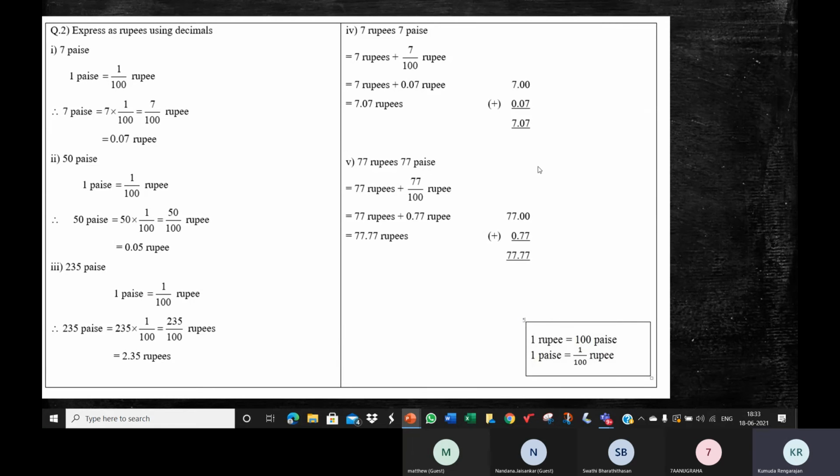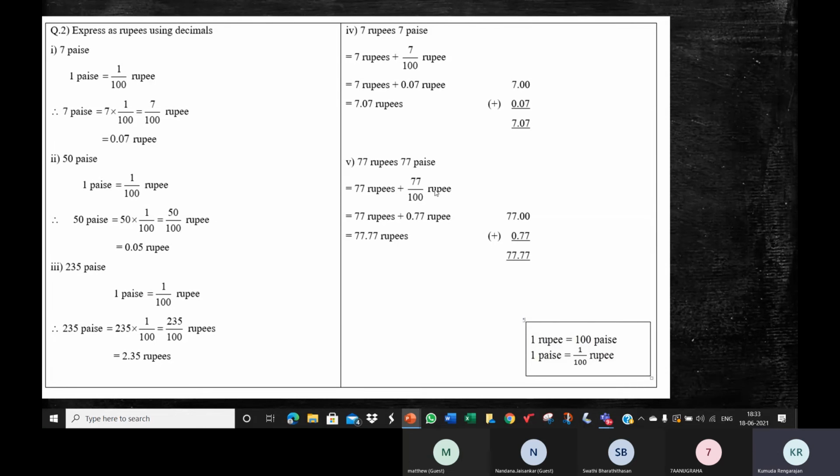But so many steps you should not write for 7th standard. So directly 77/100th of a rupee. 1 paise is 1/100th of a rupee. 2 paise will be 2/100th of a rupee. 3 paise will be 3/100th of a rupee. 4 paise will be 4/100th of a rupee. So 77 paise will be 77/100th of a rupee.